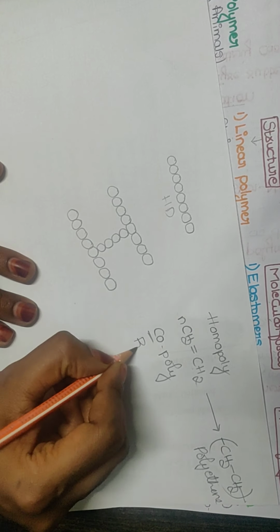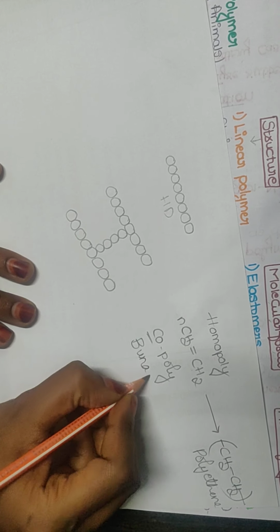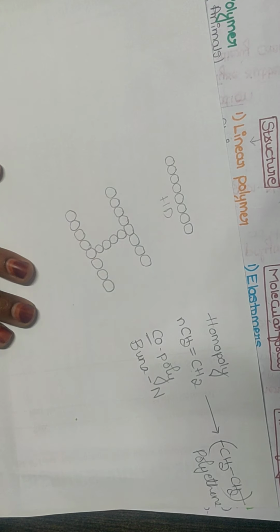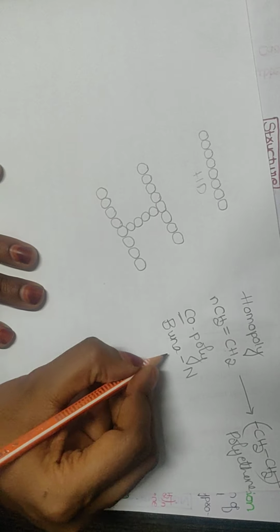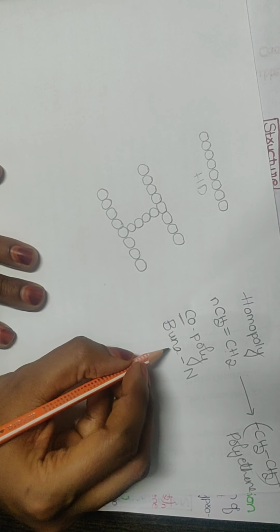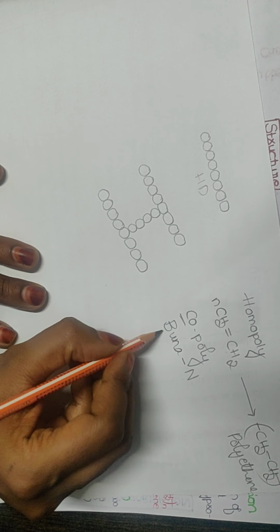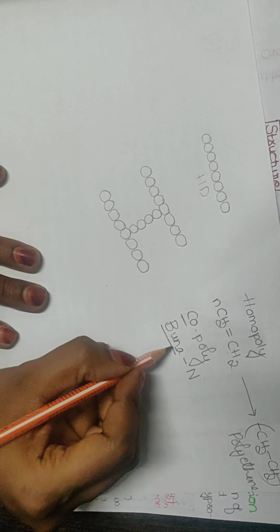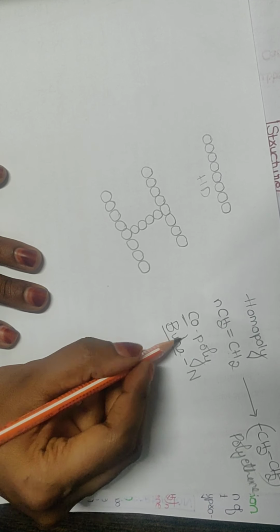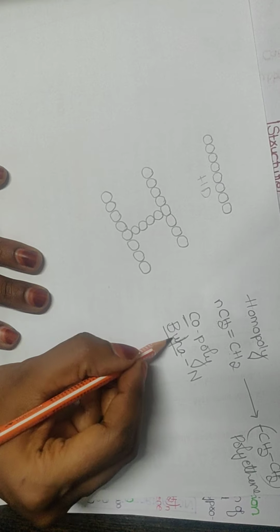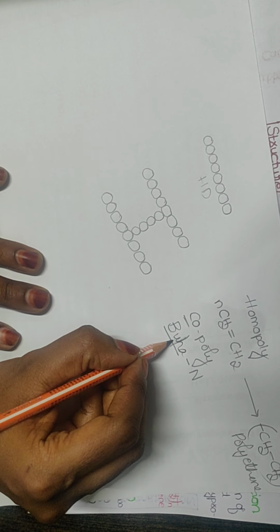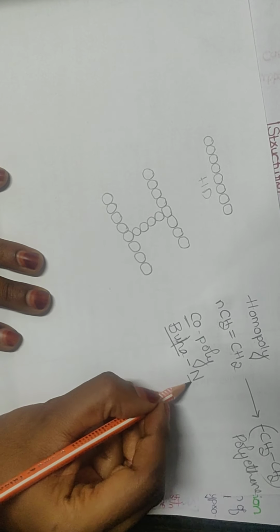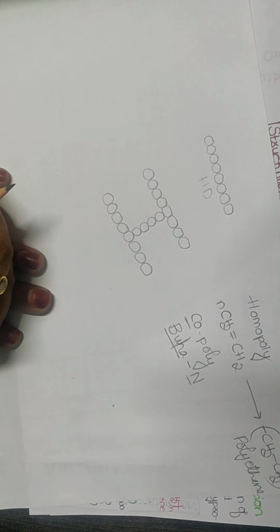So the best example for copolymerization is Buna N. So here Buna N, of course it is a rubber. So here Buna, we can split the Buna into two parts, Bu, where Bu stands for butadiene and capital N stands for acrylonitrile.